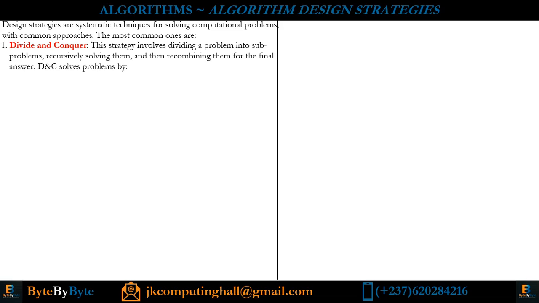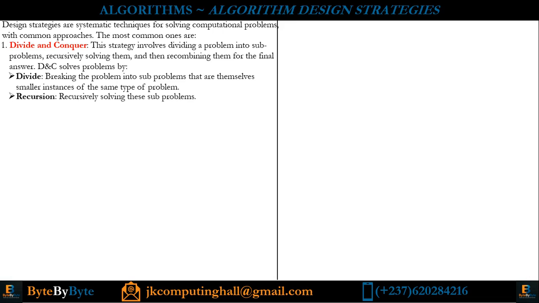D and C, divide and conquer, solves problems by first dividing, breaking the problem into sub-problems that are themselves smaller instances of the same type of problem. So the first step in divide and conquer is to break the larger problem into smaller sub-problems of the same type.